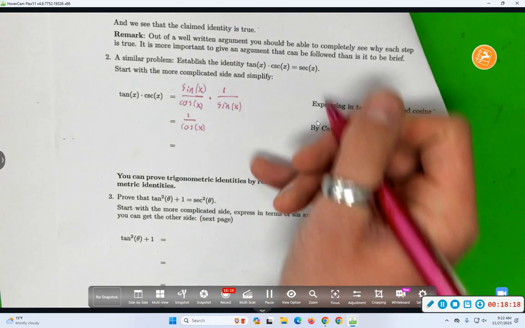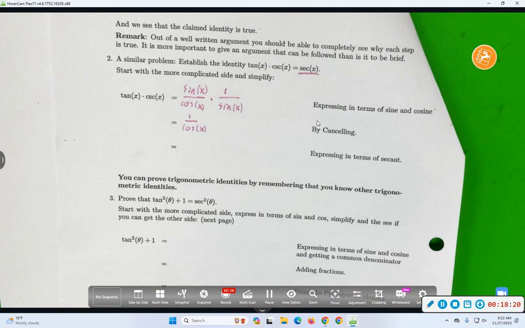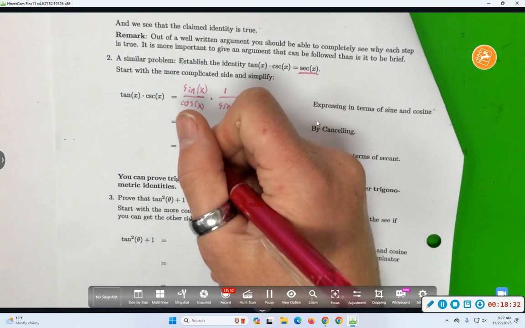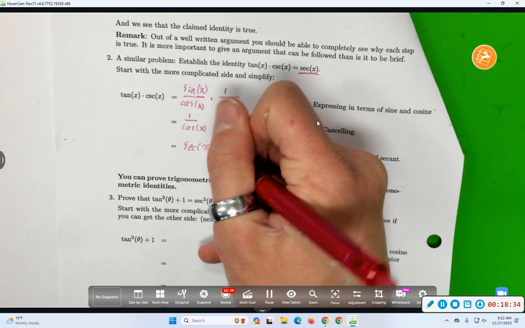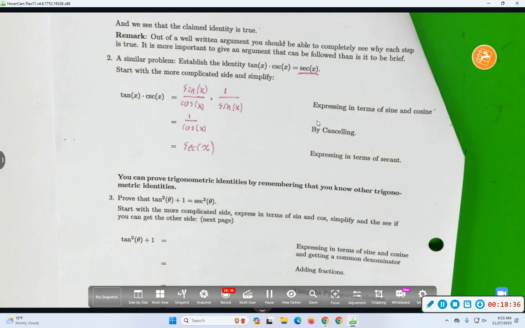All right. That certainly looks simpler. Let's look at the goal. I want to get it to be secant. Is that secant? Yeah, 1 over cosine is secant, so let's just rewrite that in terms of secant. Cool. That feel pretty good? So here's one strategy if you want to prove a trig identity.